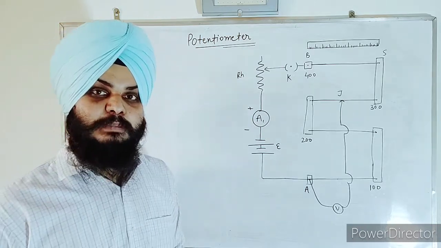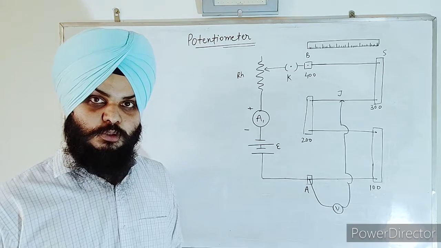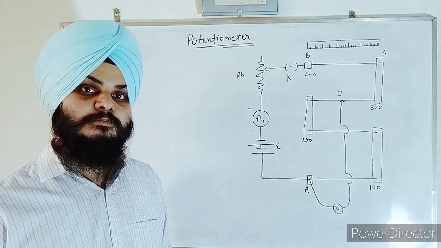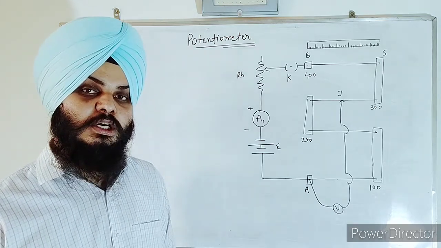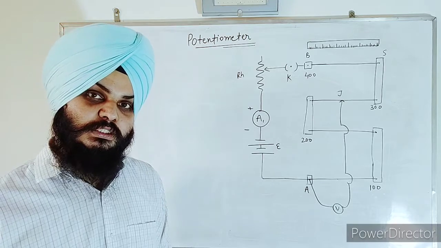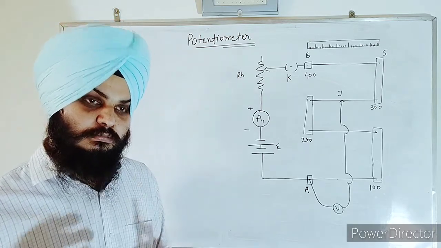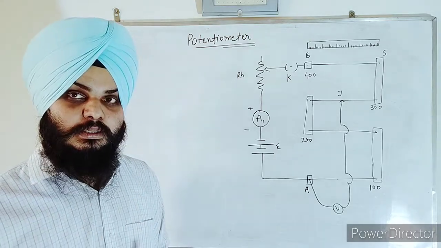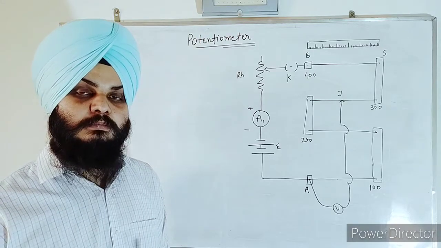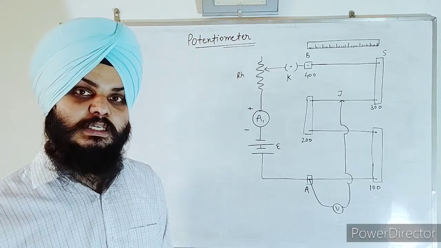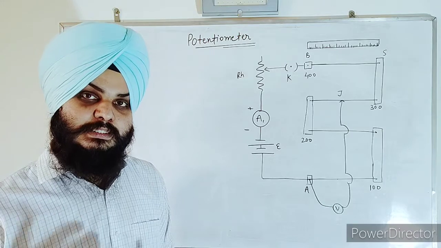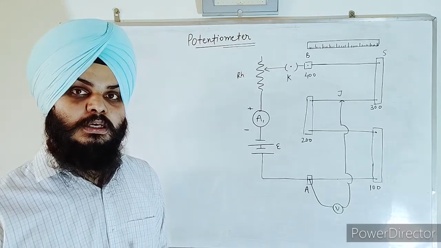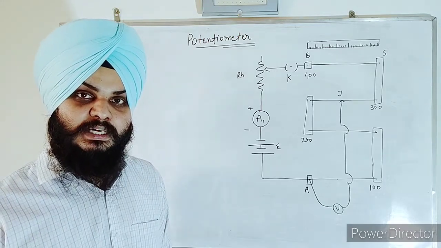So this is the basic principle of potentiometer, that whenever we apply some potential difference across a resistance or a length, then some length of the given wire may offer the same potential drop as is provided by the battery.